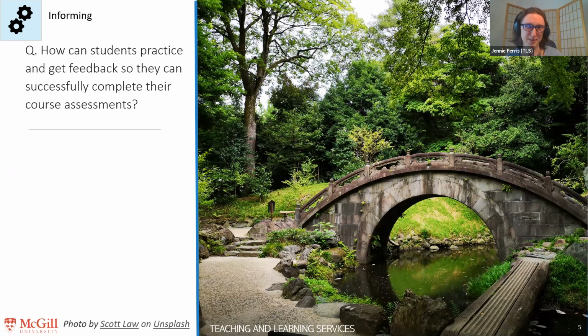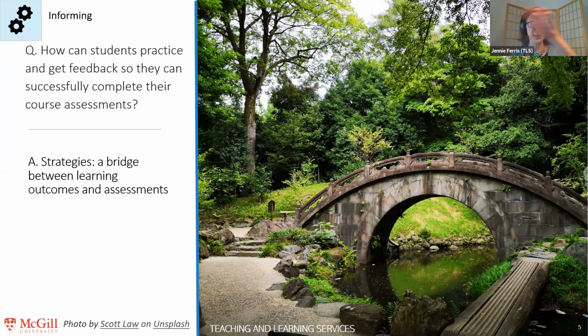The answer that we're going to suggest, which should not be a surprise for those of you who've been with us along the way and considering some of the resources on our myCourses website, is strategies. So thinking about how strategies form a bridge between learning outcomes and assessment. And this really comes back to that idea of alignment. So how do the different portions of a course relate to one another? How do our strategies and assessments and outcomes relate to one another?